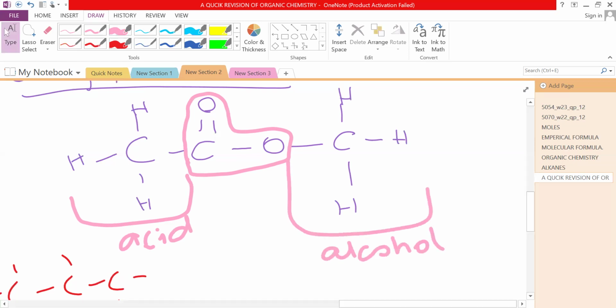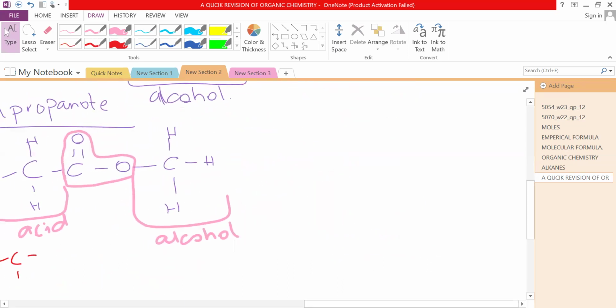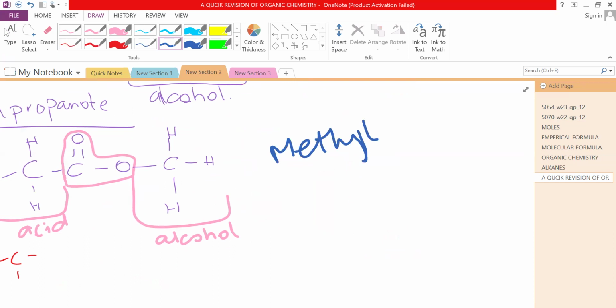While naming this ester, the naming starts from the alcohol, and the alcohol ends in -yl. There is only one carbon for the alcohol, so it is methyl. And there are two carbons for the acid, ethanoate.